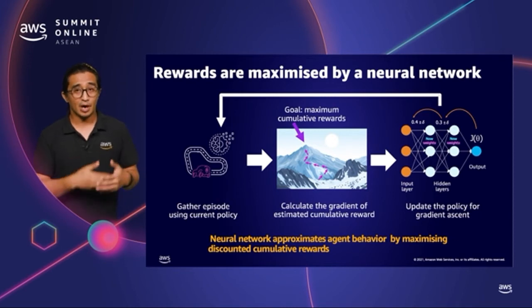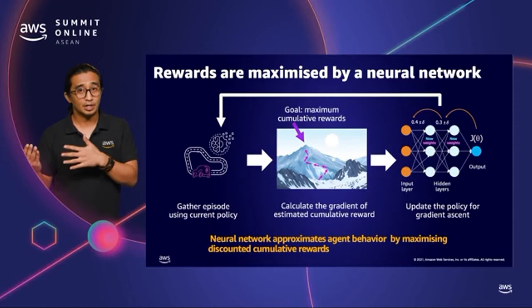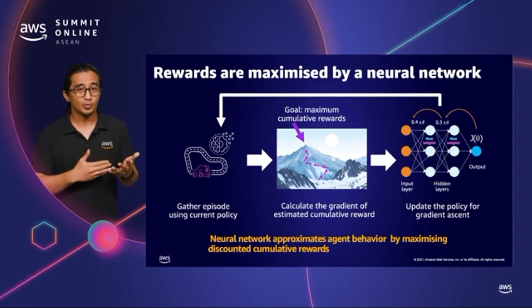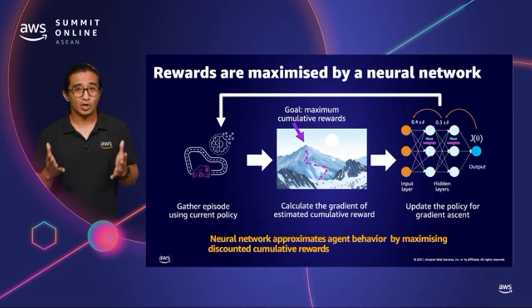So in this case, our agent will learn something like, if I try to go over the track and do an action, what is the cumulative reward I will get? And this is the correlation between reward function and the neural network. It enables the agent to learn the maximized reward based on the reward function that you have crafted.